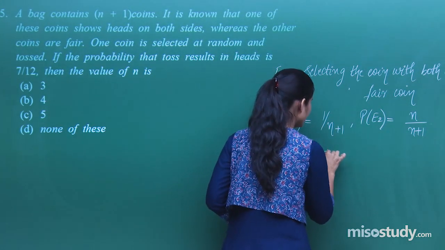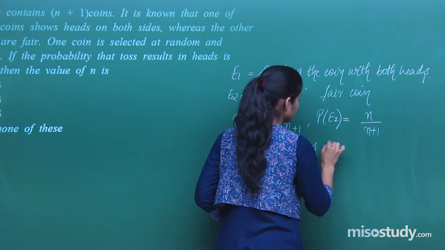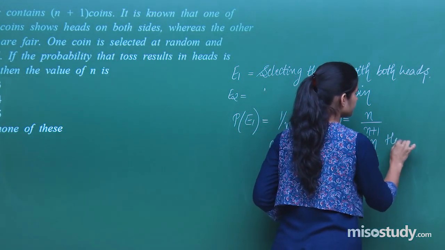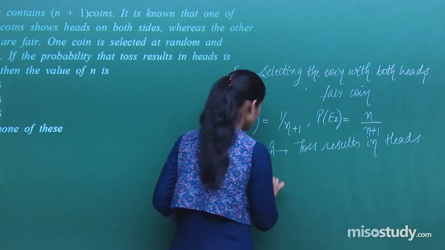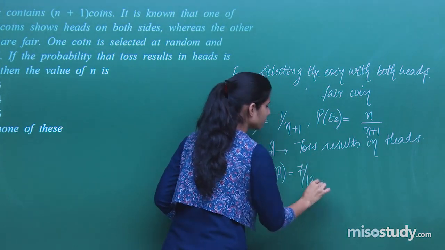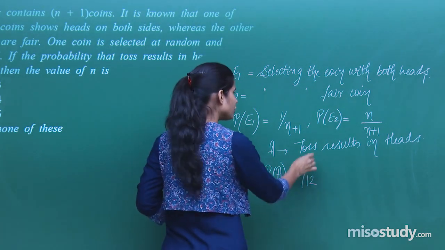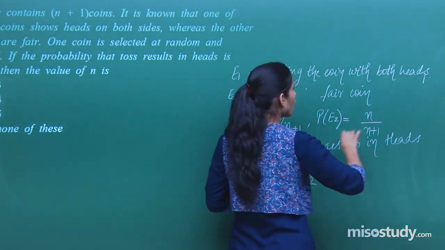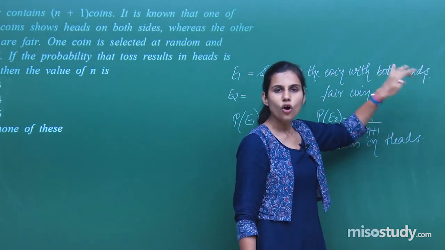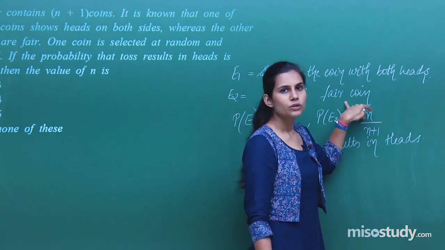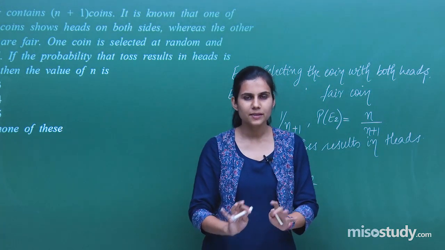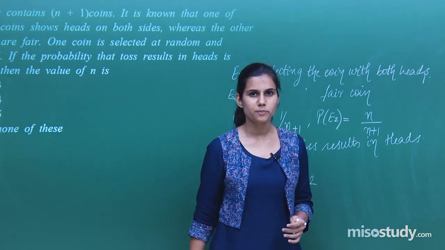Once you have this, question is probability that toss results in heads is 7 by 12. So if I take the event A as toss resulting in heads, you are given that probability of A is actually 7 by 12. But one thing you understand, toss can result in a head when you are tossing the coin which has both sides heads written, or when you are tossing the coin which is fair. So there are two sources for one event to take place, and therefore the concept of total probability pops up in here.